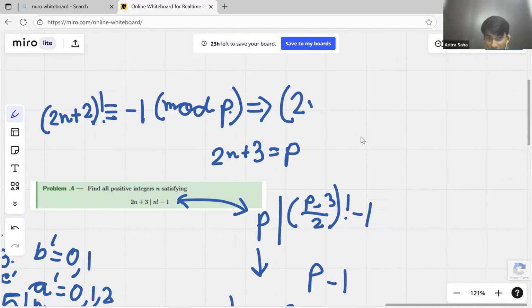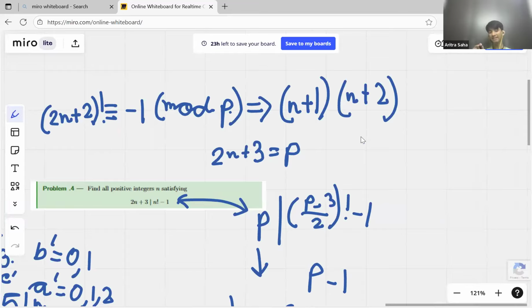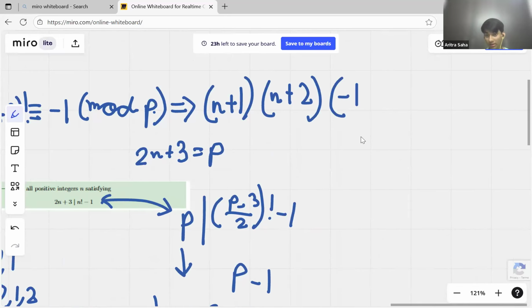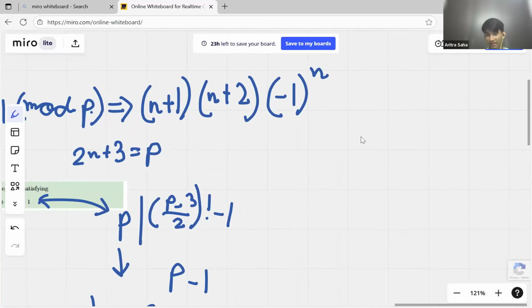You write (n plus 1) into (n plus 2) and so on. You can write n plus 3 as minus n, like 2n plus 3 minus 2n minus 3. So that becomes minus n, then minus n plus 1, something like that. So what it becomes when you multiply is minus 1 to the power n, all the minuses are n times, into n factorial, which you already know is 1.